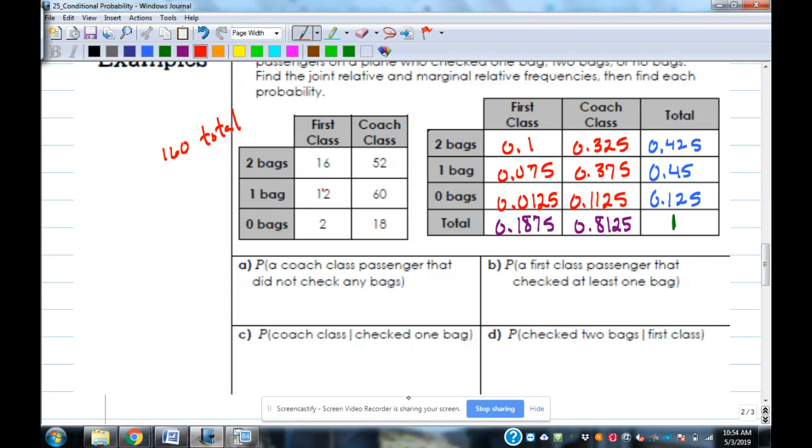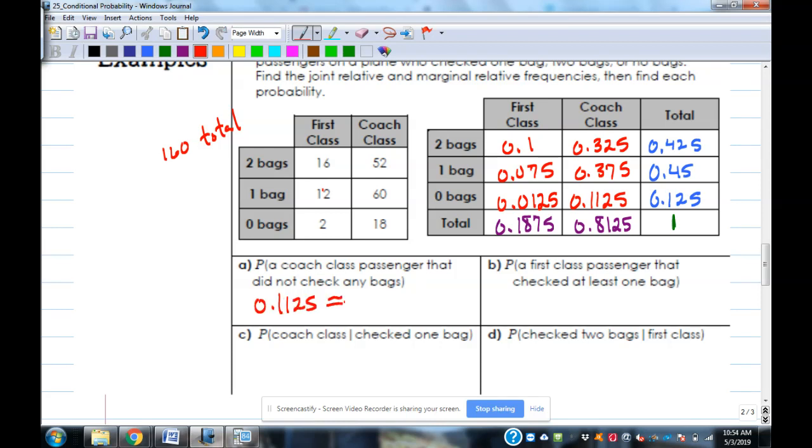Where's our coach class passenger? Look at the frequency chart we filled out. That column right here is coach class people. Right there is 0 bags. They did not check a bag. So that right there is the probability, 0.1125.